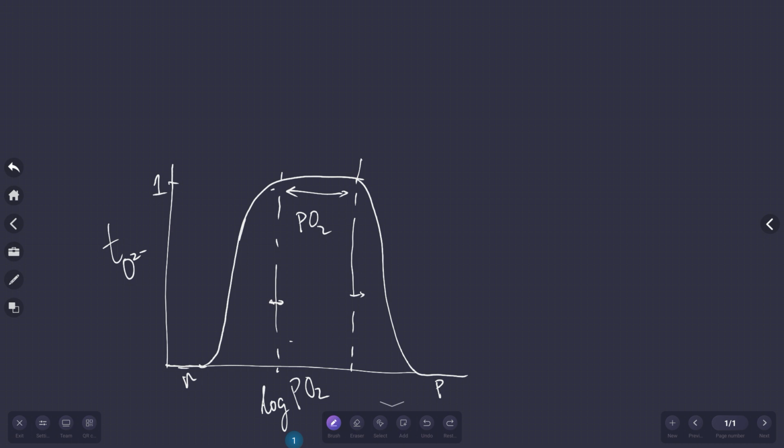Because as soon as you cross, that material will become a mixed ionic electronic conductor. And when you introduce electronic conduction in your electrolyte, you know what happens? The operation of the galvanic cell. You get this so-called leakage current proportional to the fraction of the electronic conduction.